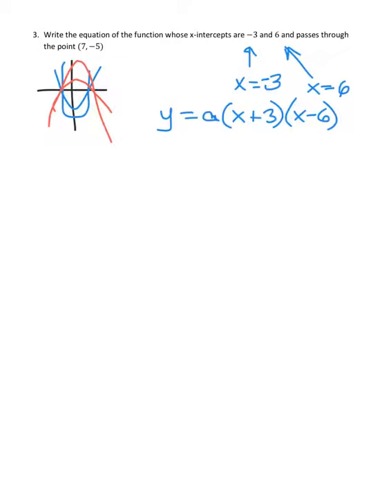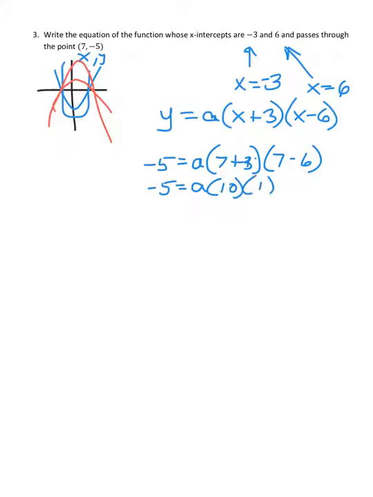So this is an x, and that is a y, and I'm going to substitute and actually solve for a. So I'm going to replace my y with a negative 5, and I'm going to replace my x with 7. So I have negative 5 equals a times 10 times 1.